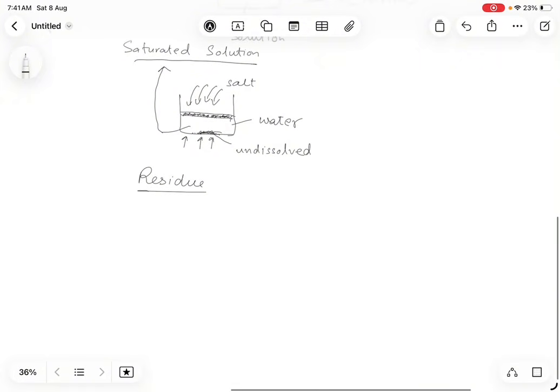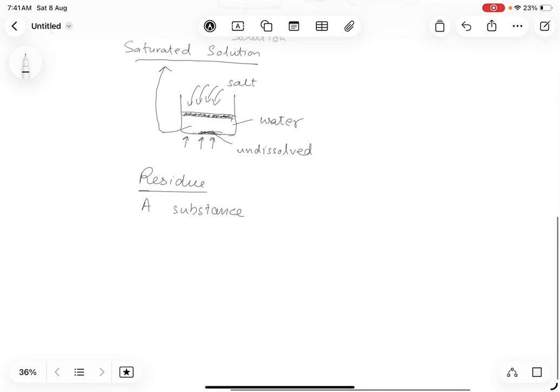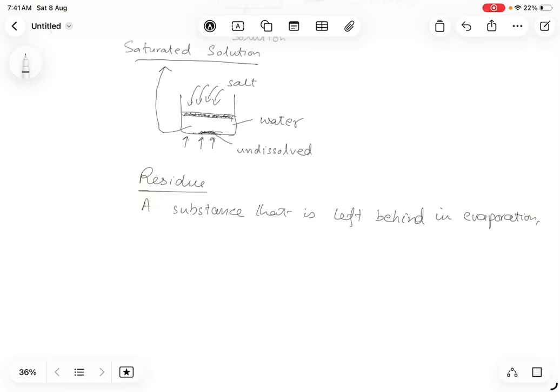A residue is basically a substance that is left behind in evaporation, distillation, or filtration.